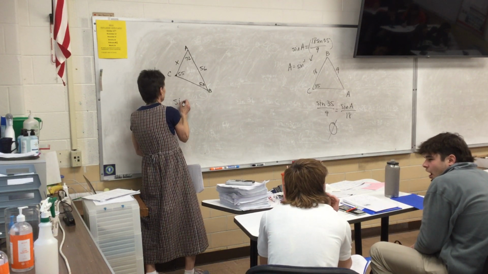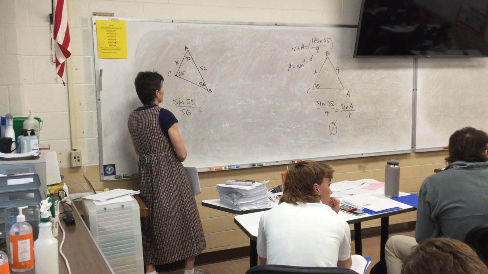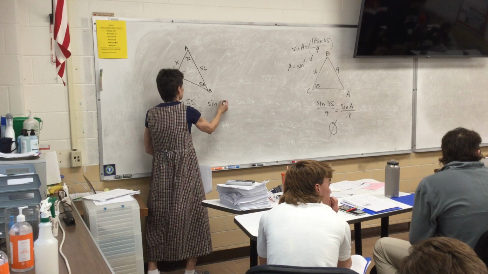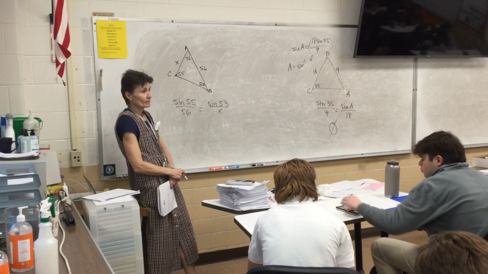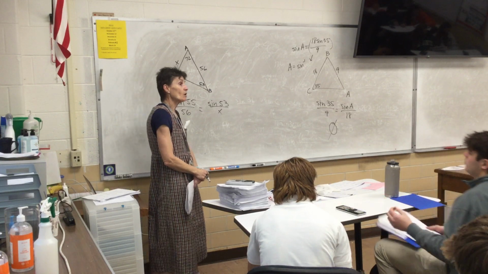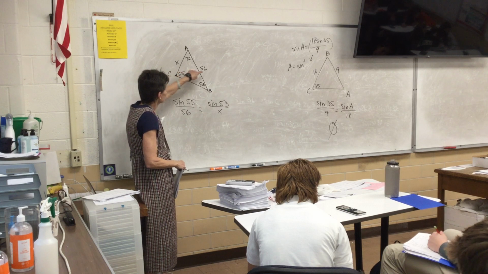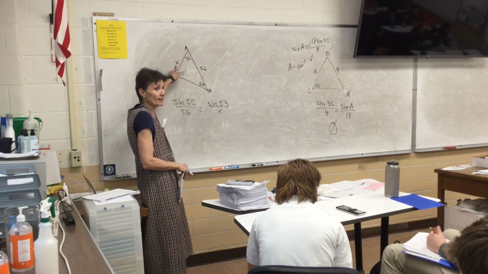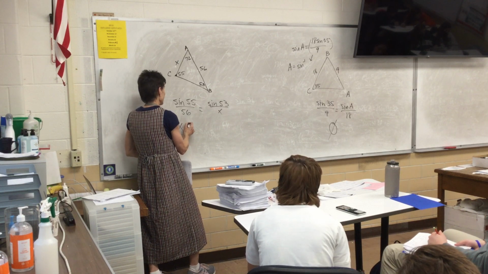So sine 55 over 56 equals sine 53 over x. Does that make sense to everybody? Now the good news is you're not solving this whole triangle. You are specifically finding just that side. So does it make sense to you that the setup looks like that? So let's cross multiply and divide.